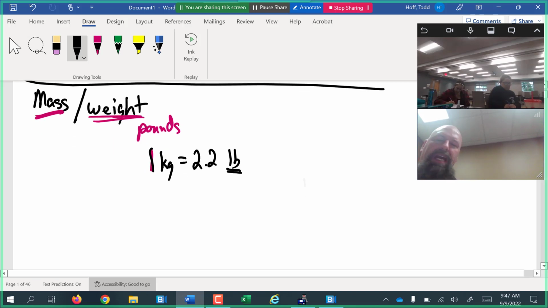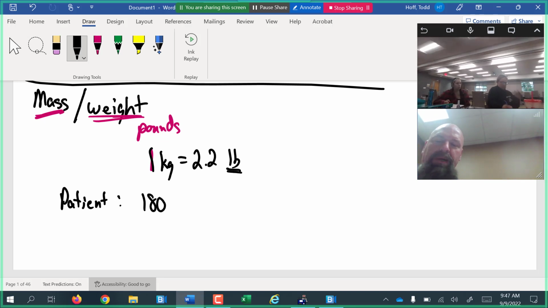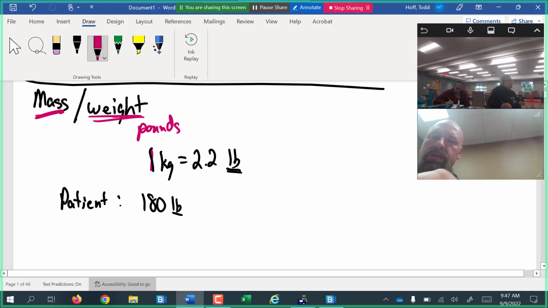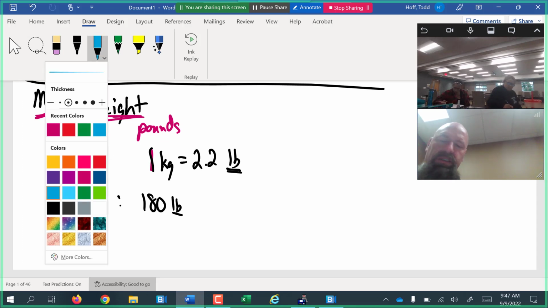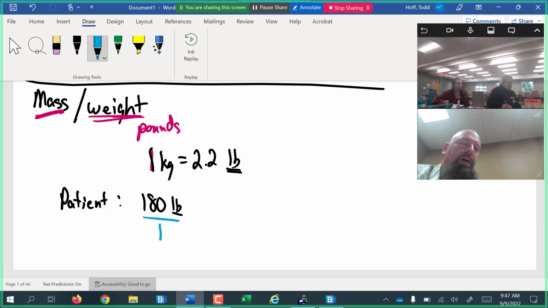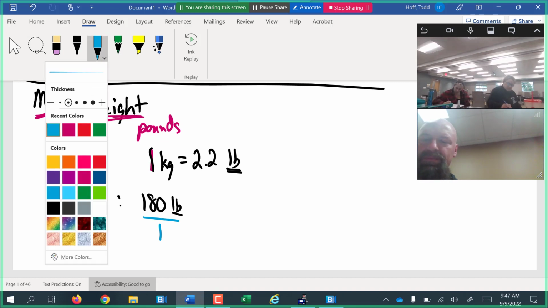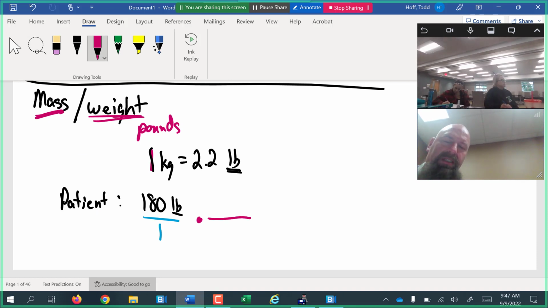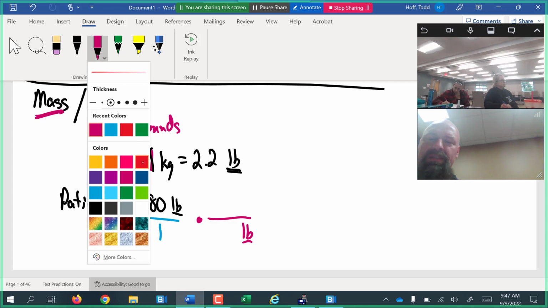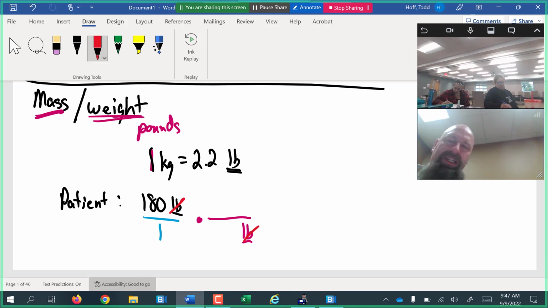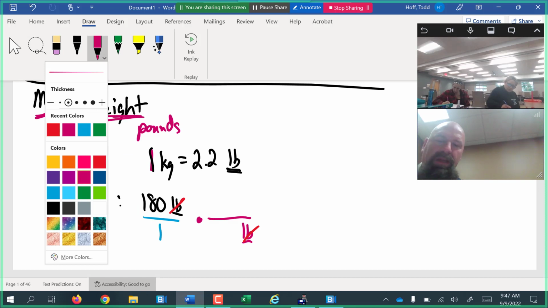So if I have a patient that comes in and weighs 180 pounds, and we need to convert them into kilograms for our dosage calculations, I'm just going to put their weight, the 180 pounds, over 1. And then my conversion factor, my dimensional analysis, I'm going to put pounds on bottom, and I do that so that they can cross-cancel out with my fraction multiplication. And I'm going to put my kilograms on top.